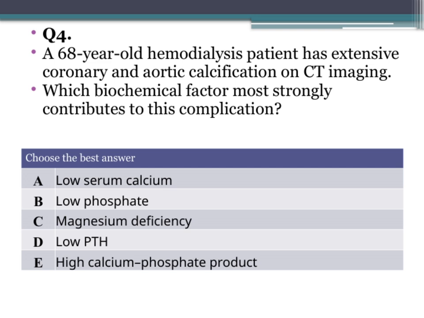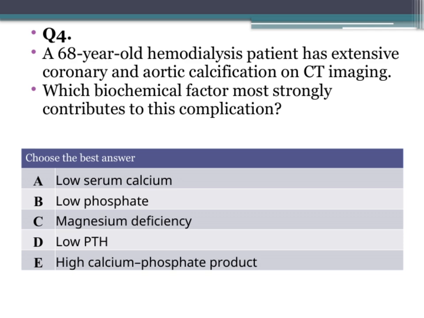Magnesium actually has a protective role against vascular calcification, so its deficiency could worsen calcification, but it's not the primary factor here. Option D, low PTH, low parathyroid hormone levels, can lead to hypocalcemia and other metabolic disturbances, but are less directly linked to calcification.